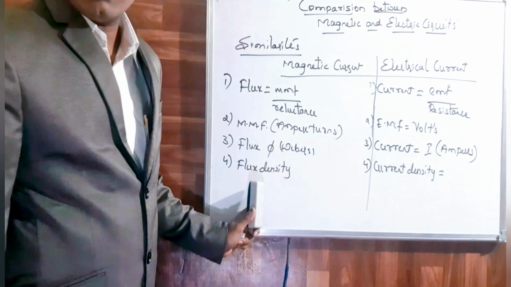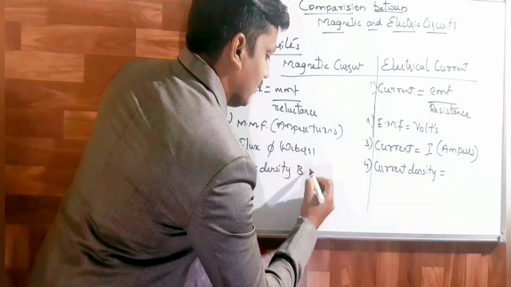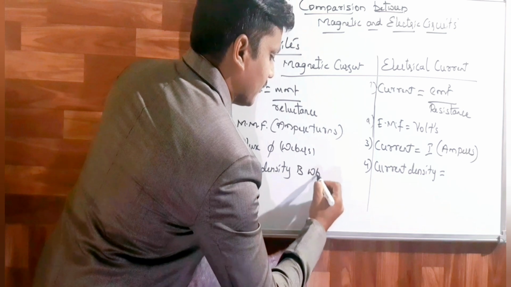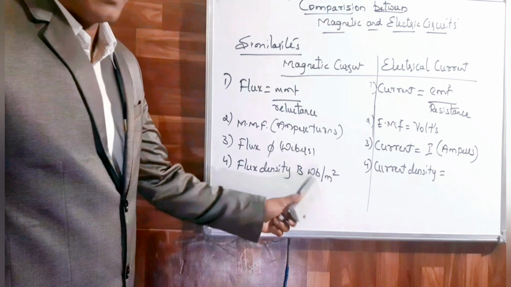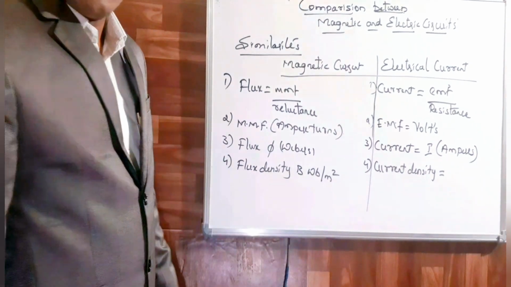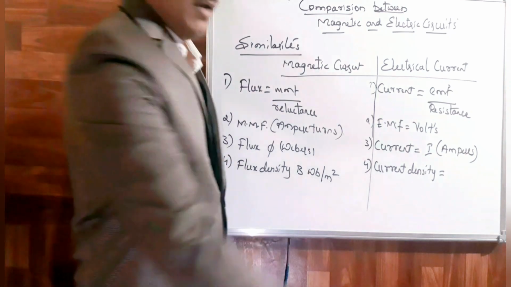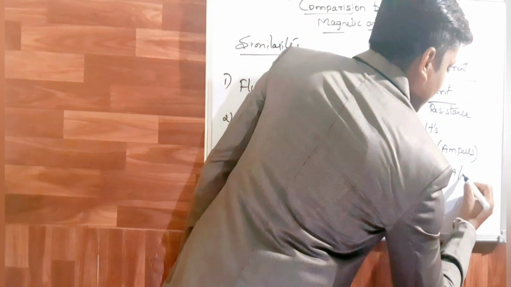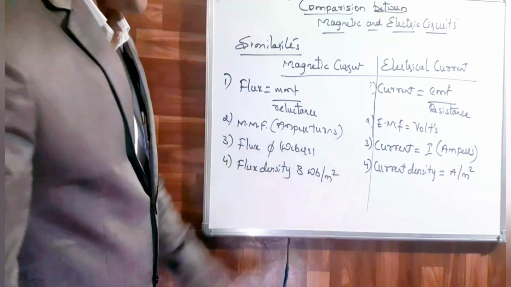The symbol for flux density is B, and its unit is Weber per square meter. For current density we have ampere per square meter. So this is the fourth one.